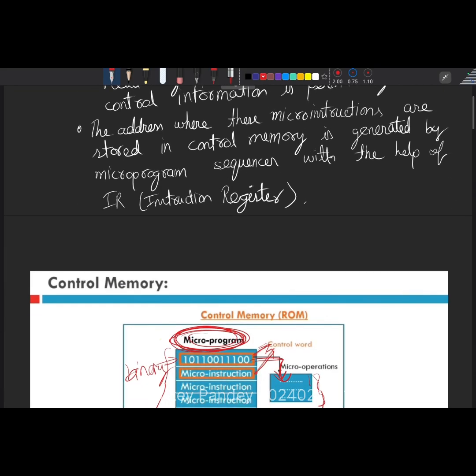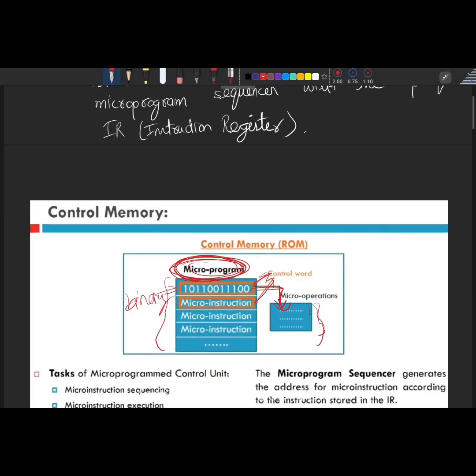Now we can understand it better by the following diagram of a control memory. So here, this is a diagram of a control memory, which is a read-only memory. These are microprograms. It contains control words, which are written in binary, as we have discussed earlier. And these control words point towards micro operations.